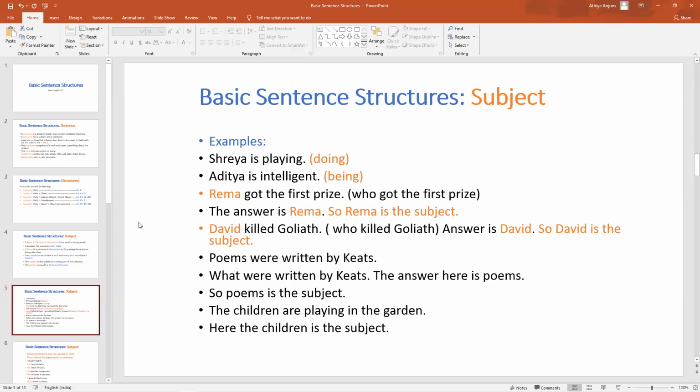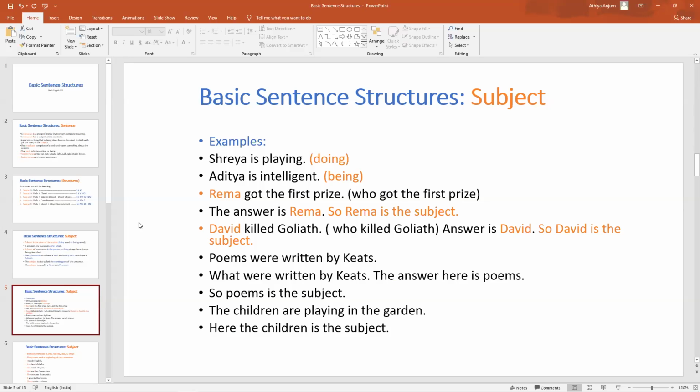The children are playing in the garden. Okay. Who are playing? Children are playing. So which is the subject? Children. The is the attributive. Before children, you use the. So children is your subject. Okay. Again, noun, the naming word. What are they doing? They are playing. Which is the verb? They are playing. Then in the garden.